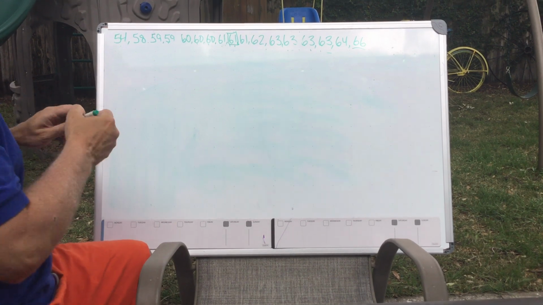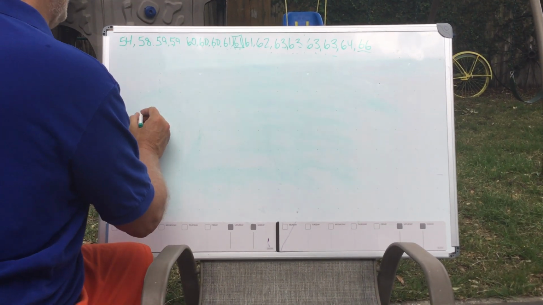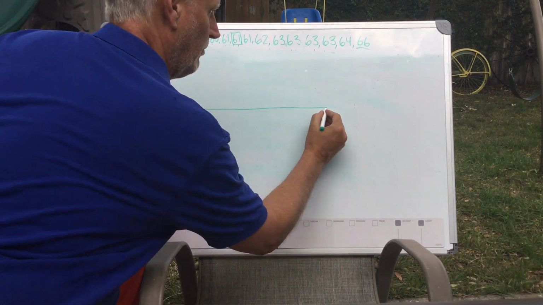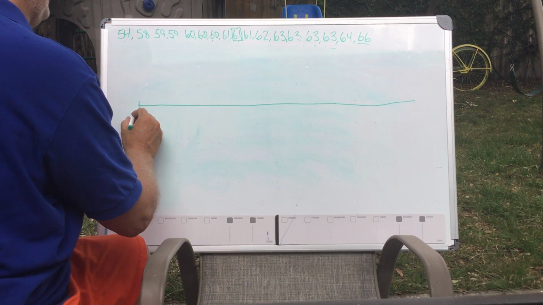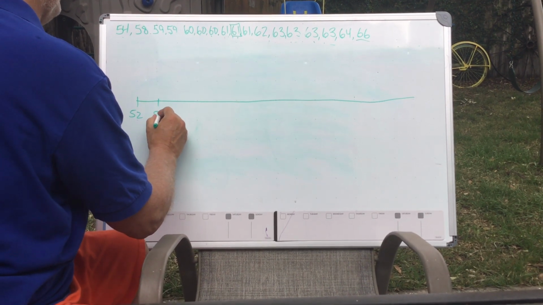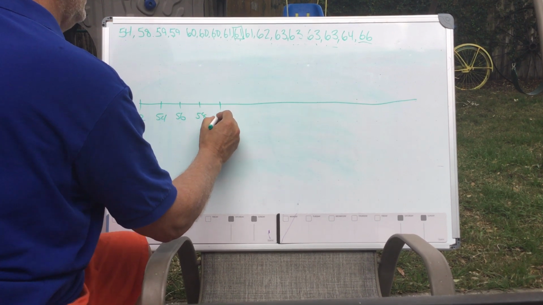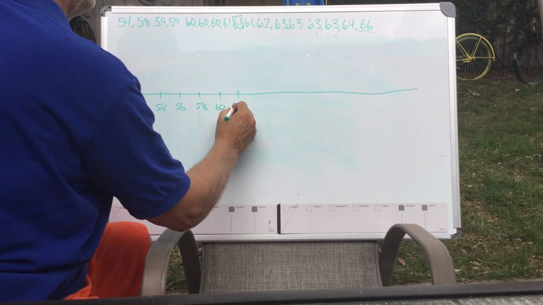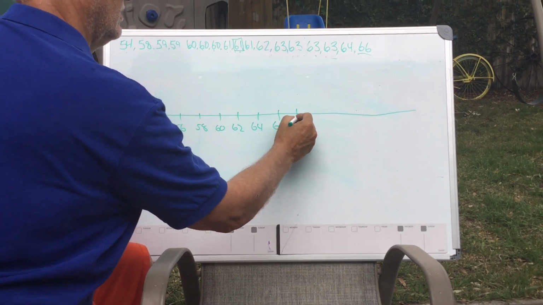Okay, so I start at 54, I go to 66, so I'm going to do my number line by 2, and I'm going to start here at 52, 54, 56, 58, 60, 62, 64, 66, 68.